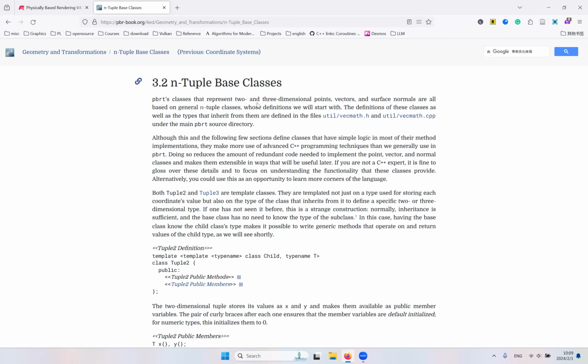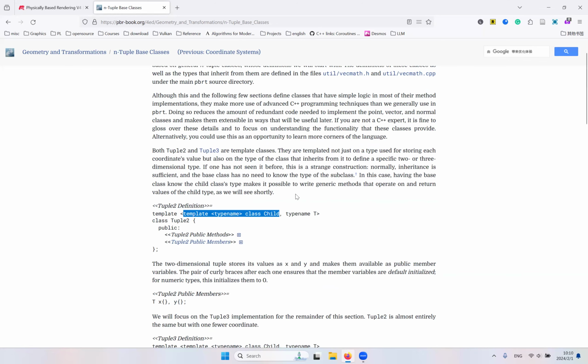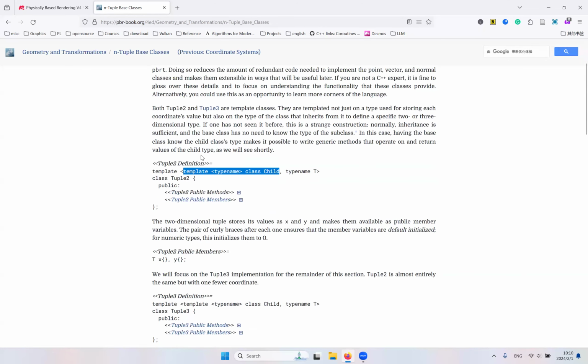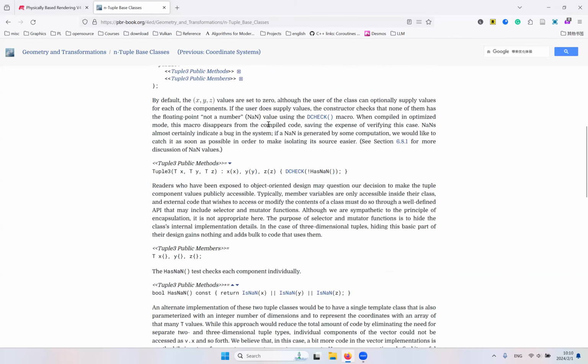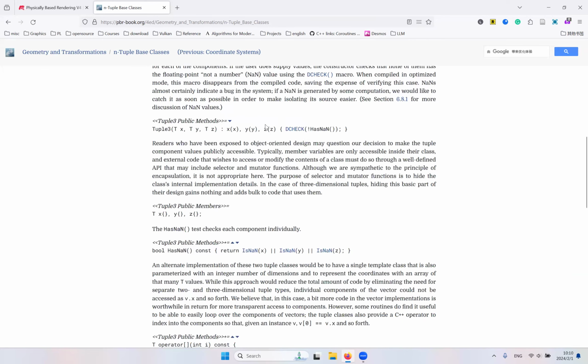So they have this n-tuple base class that is used for both vectors and points, which contains public members like this, and uses some CRTP trick to mix in functionality.